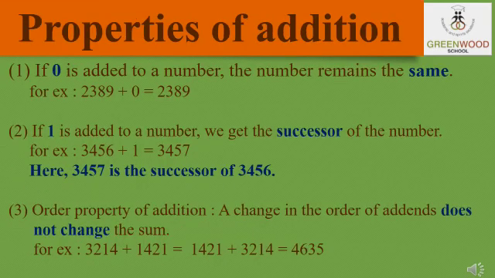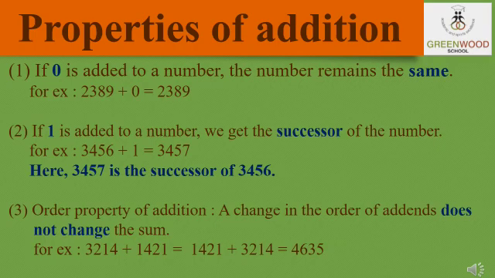Properties of addition. First, if 0 is added to a number, the number remains the same. For example, 2389 plus 0 is equal to 2389 because 0 means nothing. Second one, if 1 is added to a number, we get the successor of the number.